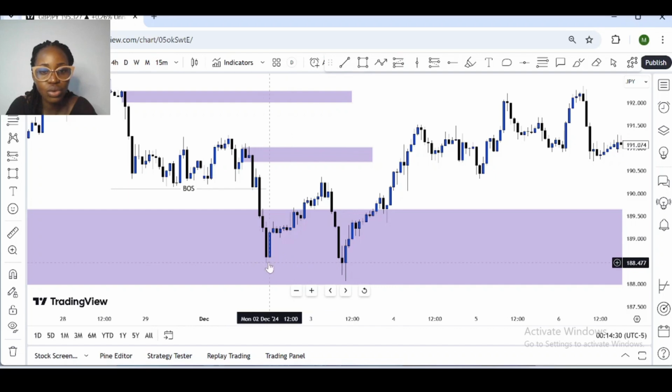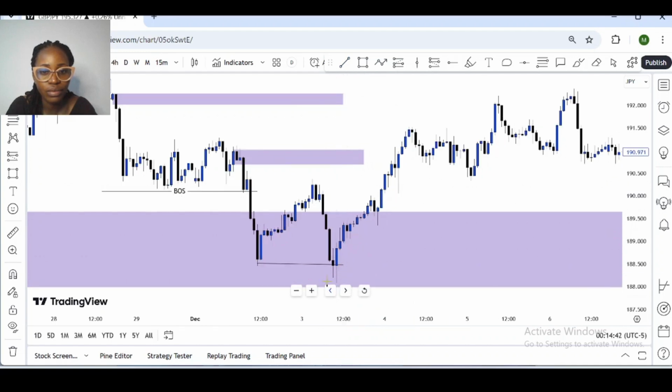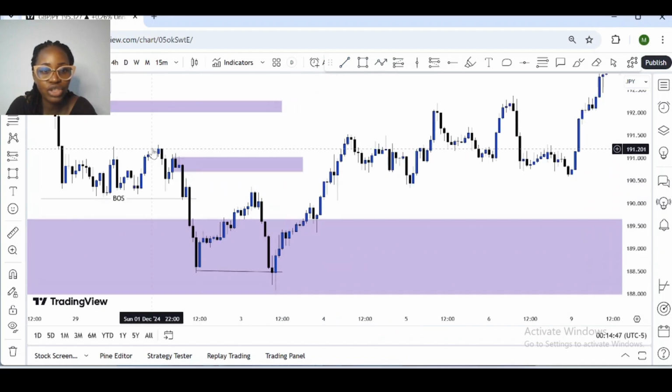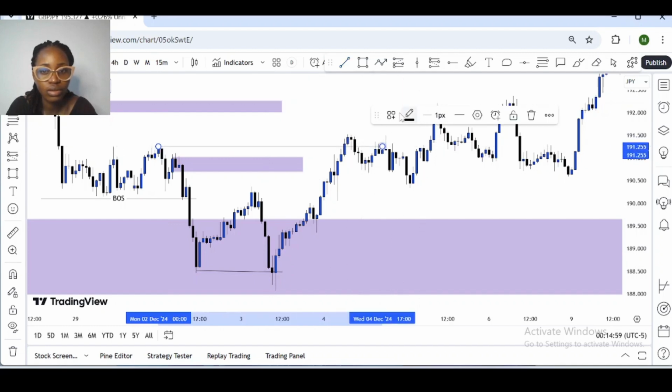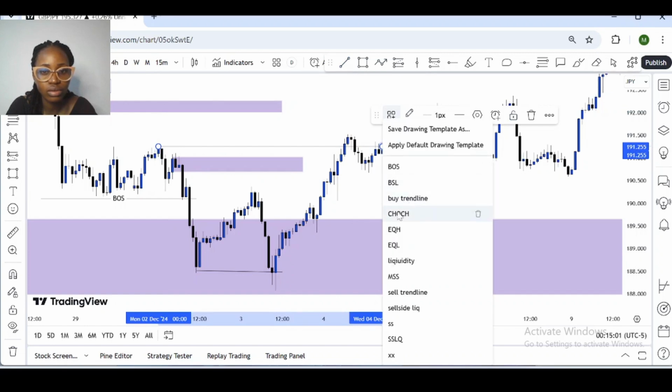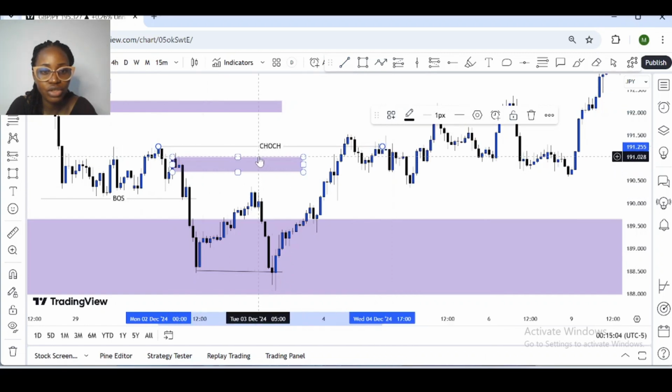So we had an equal low here. Let me show you. This is the equal low. Price created an equal low here, then started trading to the upside. So from this point, we now have a change of character to the upside.